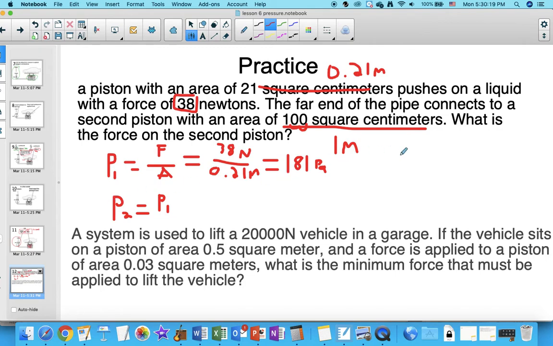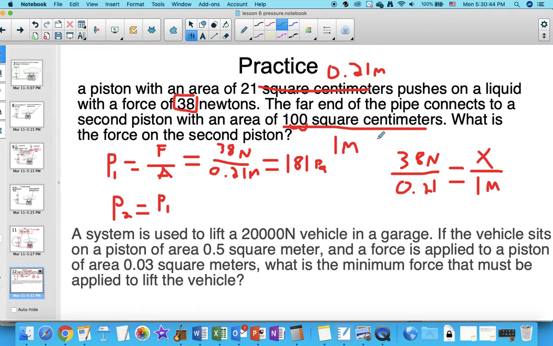So 38 newtons divided by 0.21 must equal force again. We don't know what that is, so we'll make that x, over 1 meter. I can just cross multiply and divide.